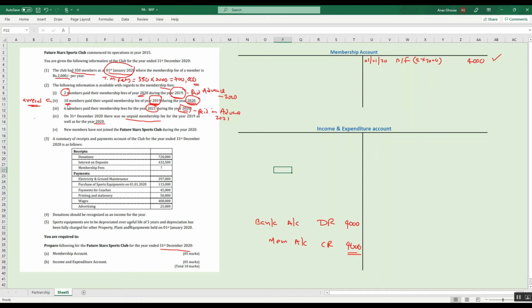Next, 10 members paid their unpaid membership fees of year 2019 during the year 2020.